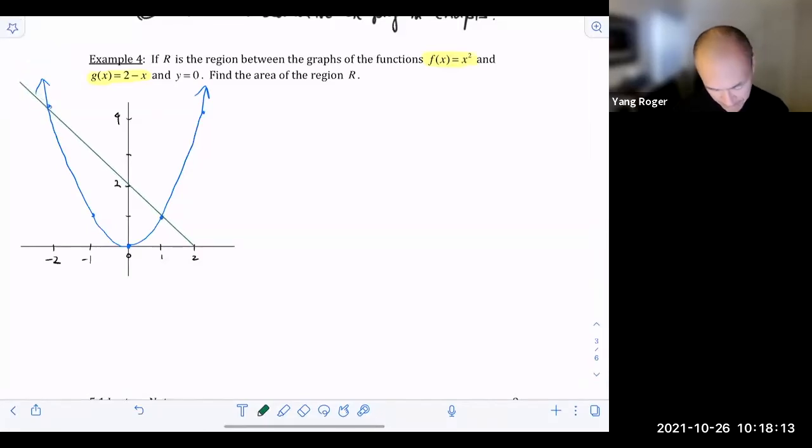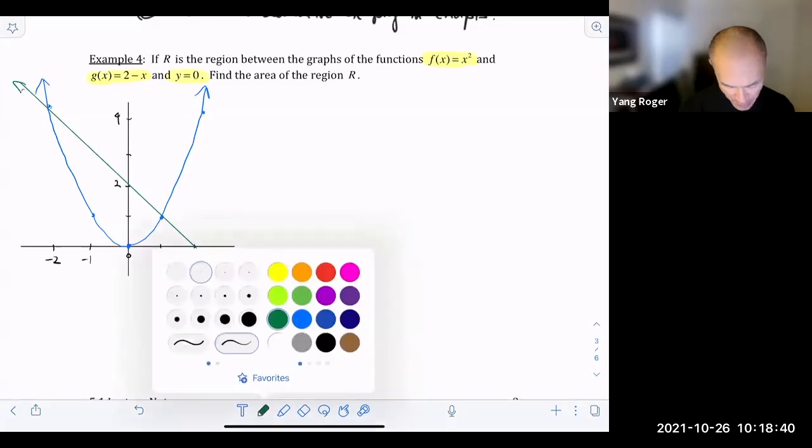Maybe make this go a little bit further, like this. Okay. And then the final curve I have is y equal to 0. And y equal to 0 looks like this. Let's do this one in purple.